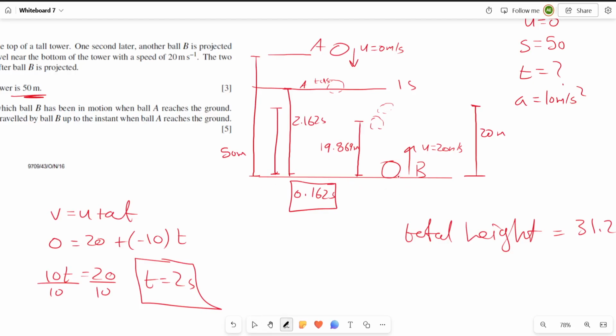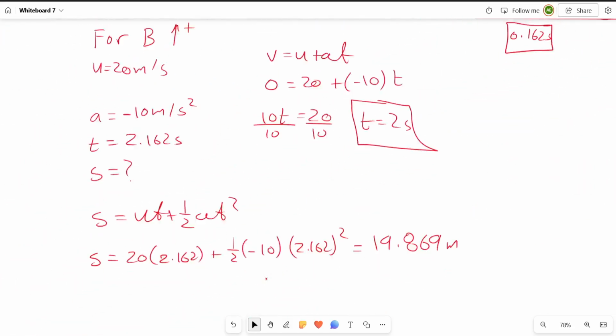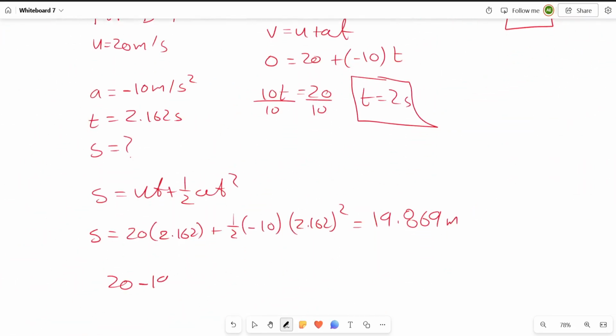So the question asks for the total distance. It means the distance that B moved upwards, which was 20, plus the distance which B moved in this 0.162 seconds window until A reached the ground. So what's this distance that B moved? It's basically the difference between 20 and 19.869. So 20 minus 19.869 gives me an answer of 0.131 meter.